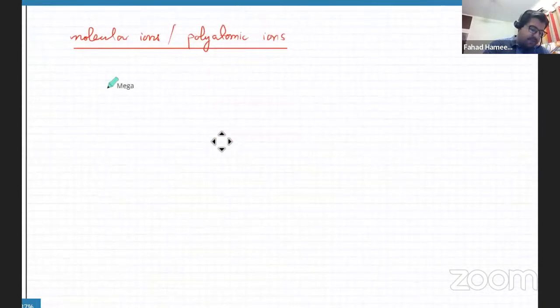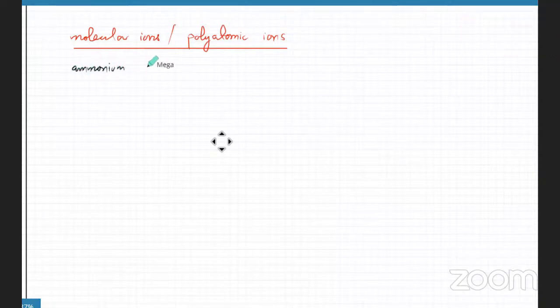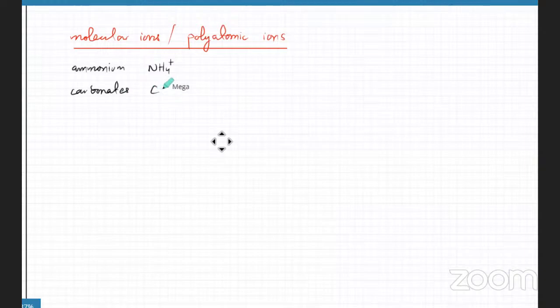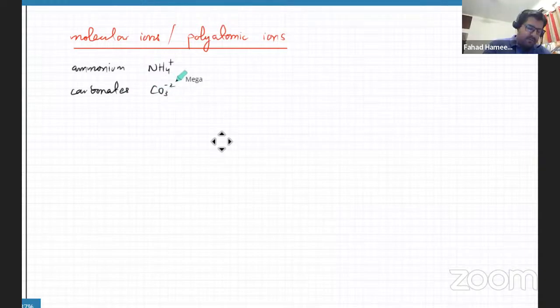Let's start with ammonium. Does anyone know what the formula of ammonium is? NH4. Okay, so it's NH4 plus 1. You've got carbonate, CO3. You should remember them by heart and memorize them. Nitrate is what?